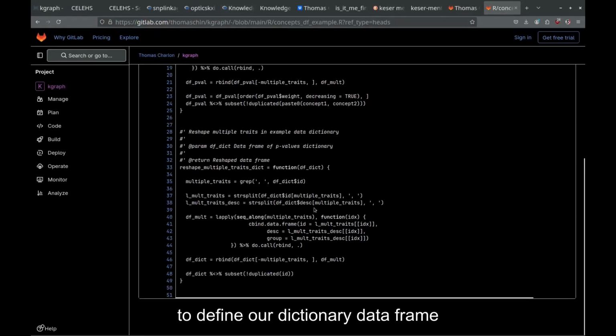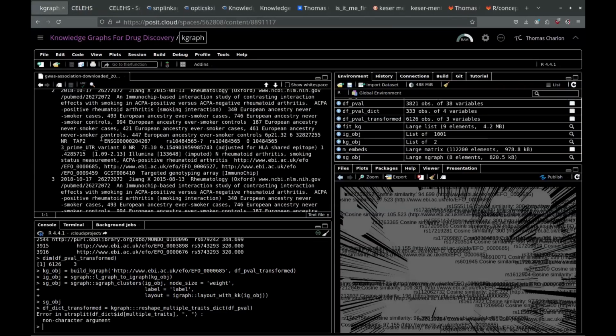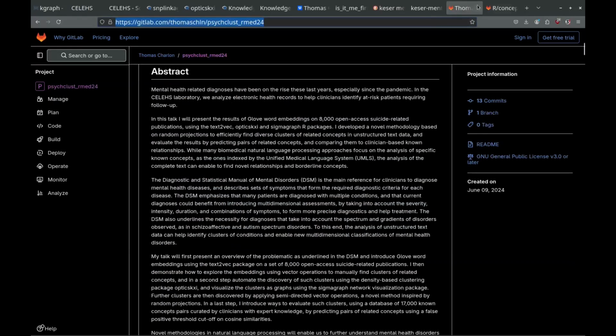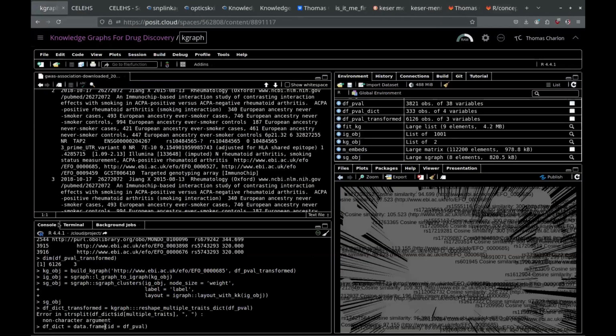Okay, so we first need to define our dictionary data frame before we will reshape the multiple traits. Yeah, so our descriptions will be, we'll take the two columns, map trait and map trait URI. We can do a unique on this.